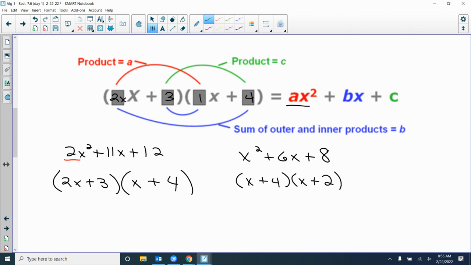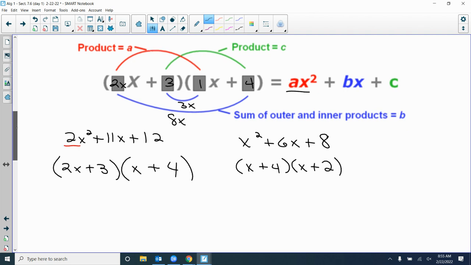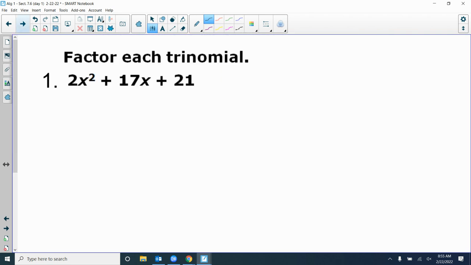These two here, 2x times 4 is 8x. 3 times x is 3x. Those are going to have to add up to the middle term when we're done foiling. The two in the middle have to add up to that. And then the last two multiply to the last one. That's going to be the case. So we're going to kind of have to go backwards.